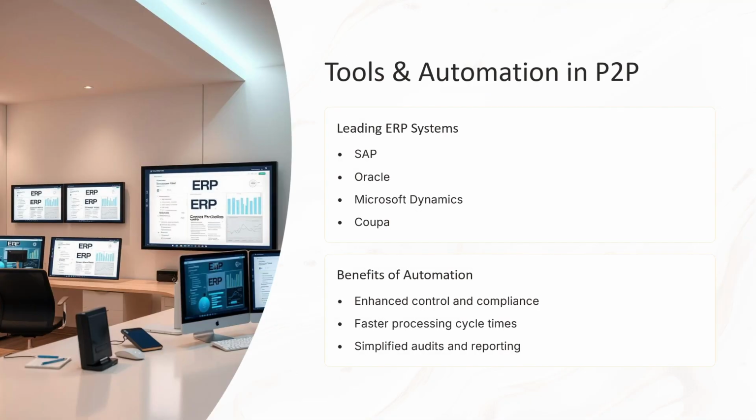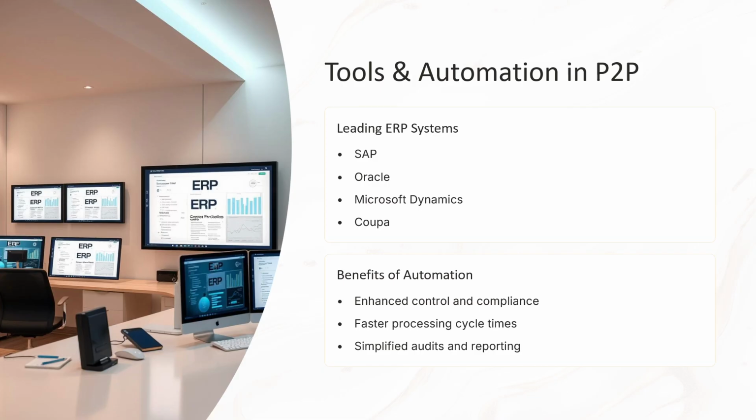Now, tools and automation in P2P. Leading ERP systems: SAP, Oracle, Microsoft Dynamics, which includes Power BI, Excel, and Coupa. Benefits of automation: enhanced control and compliance, because automation is there and everyone has access to the data. Faster processing cycle.